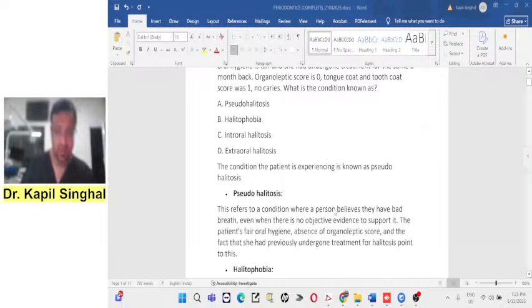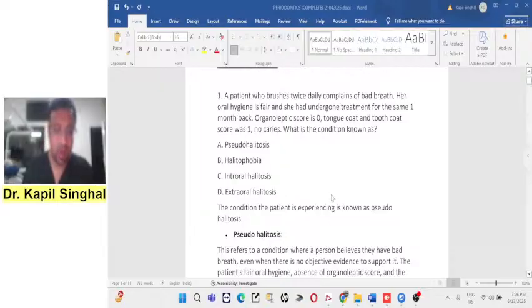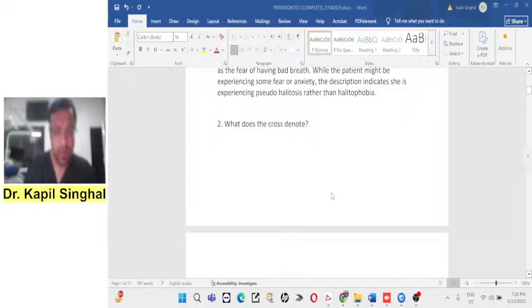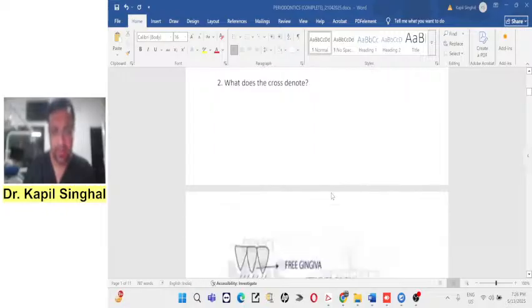Pseudohalitosis is when the person believes that bad breath is present, but his oral hygiene is fair, the organoleptic score is 0, and he has gone through previous treatments for halitosis. So the answer for this first question would be pseudohalitosis.